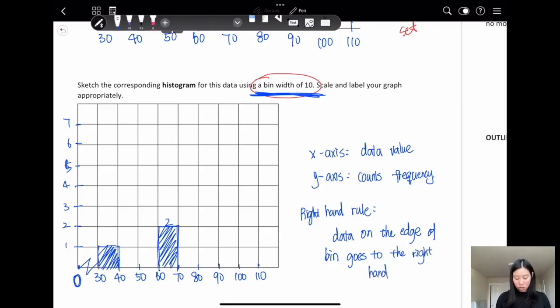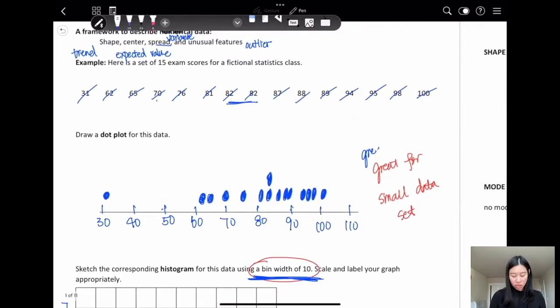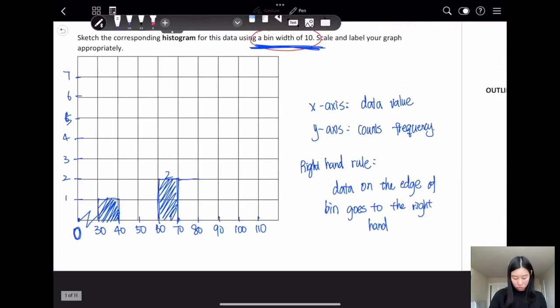What does that mean? 70 instead goes to the right, which is 70 through 80. So now let's count. 70, 76, we total have 2 data points. So it will be here.